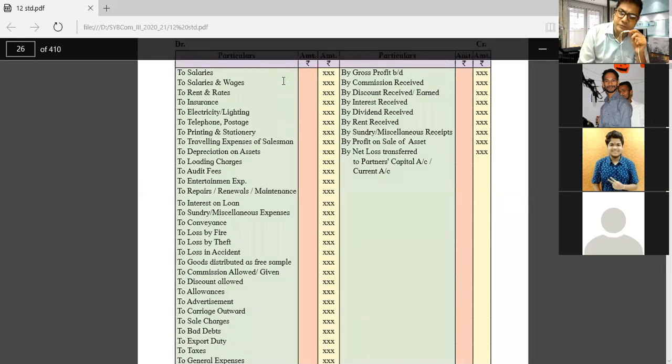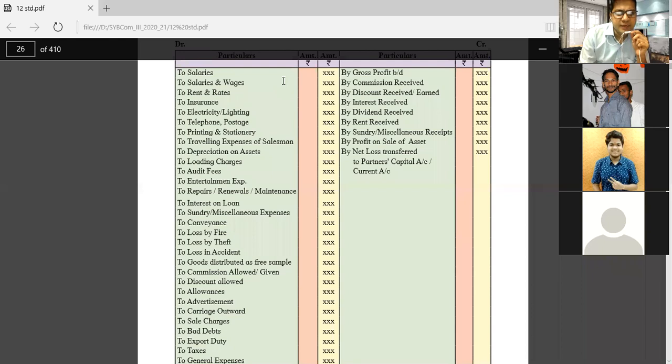Rent received, sometimes the partnership firm's premises, house, or any kind of factory warehouse, the partnership firm gives to some other company, some other persons, and gets a certain amount of rent, that is also income.